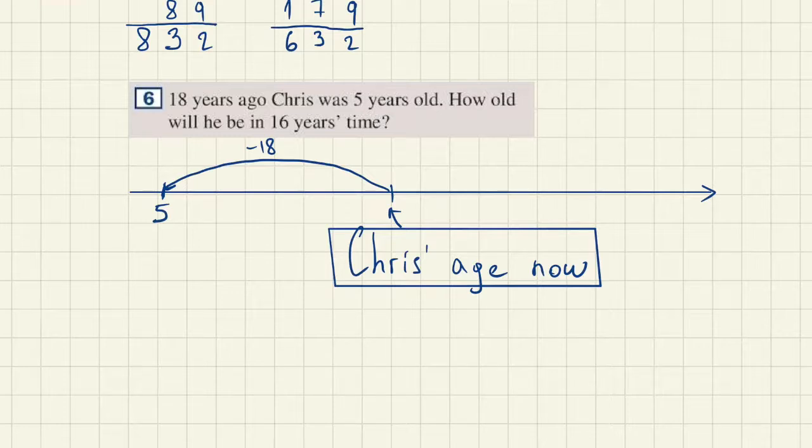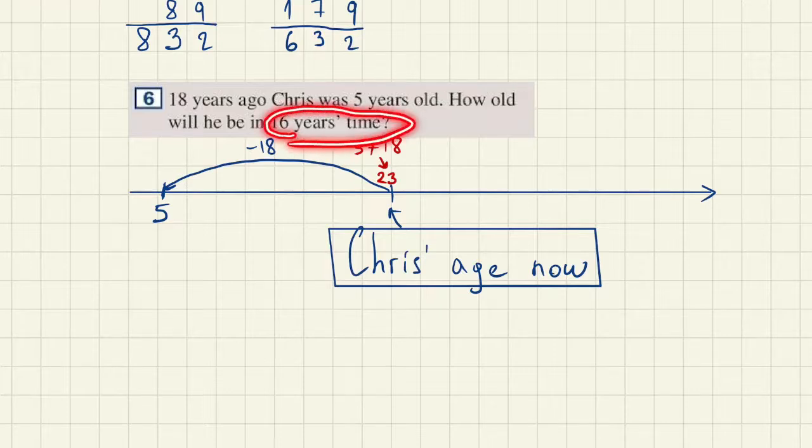If we do 5 plus 18, we would get an answer which is 23. And this is his age right now. How old will he be in 16 years' time? So we have to go from the present age. So right now we figured out he's 23, and now we have to go into the future. We have to jump in the future 16 years' time.